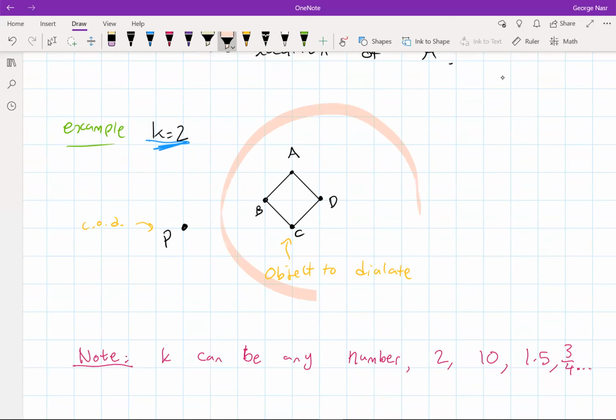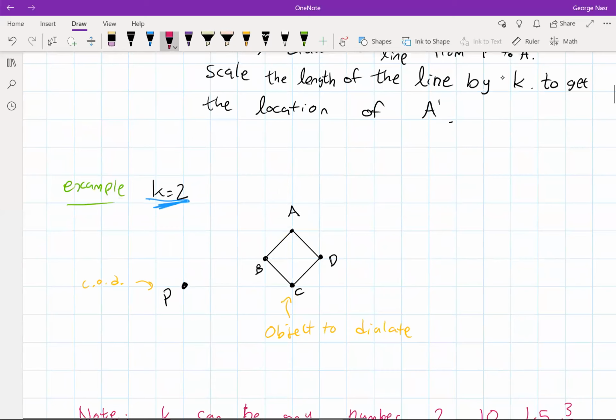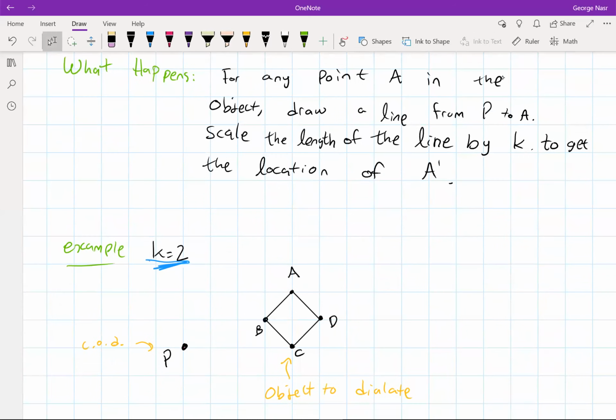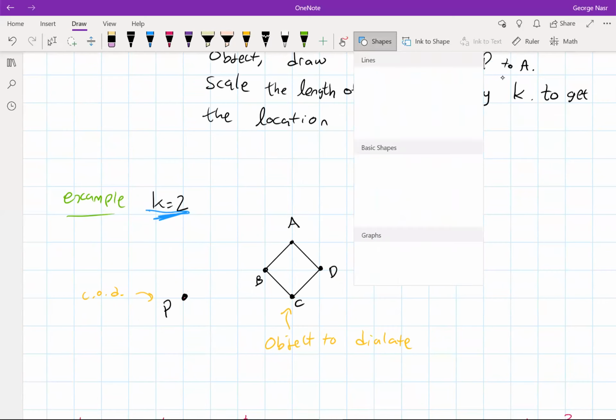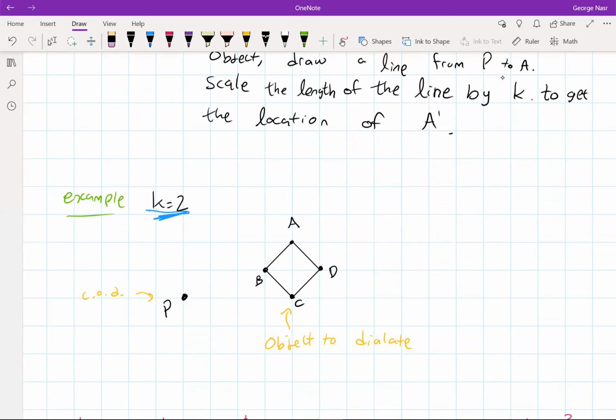Here's our example. Here's my shape that I want to dilate, and next to it is the center of dilation, P. I want to scale everything by a factor of 2. So what are we supposed to do? According to what it says up here, for any point in the object, we draw a line from the center of dilation, which in this case is P, and there is our line of dilation.